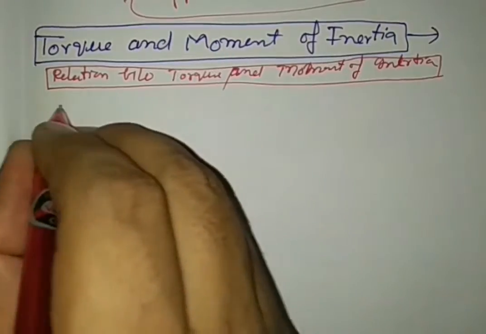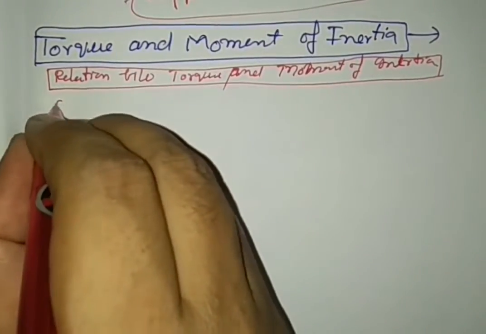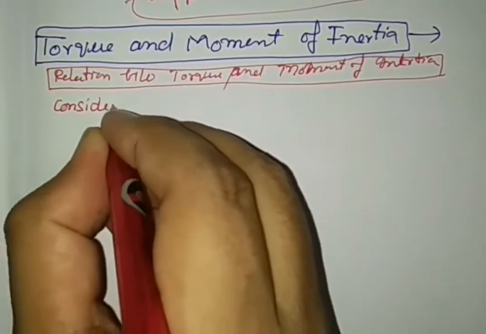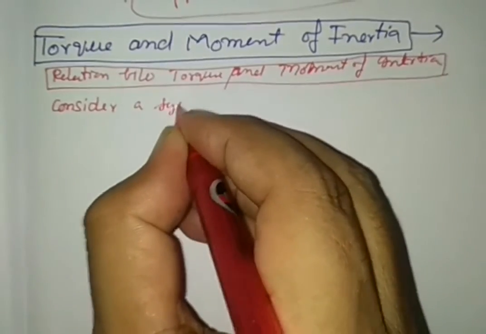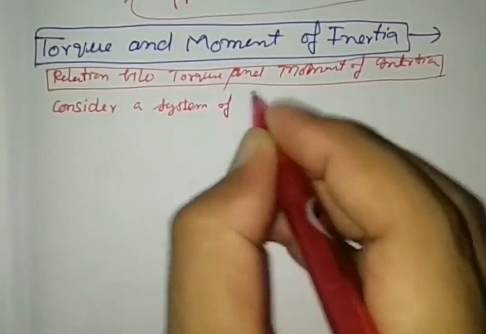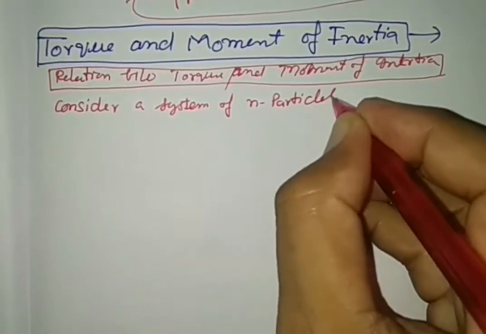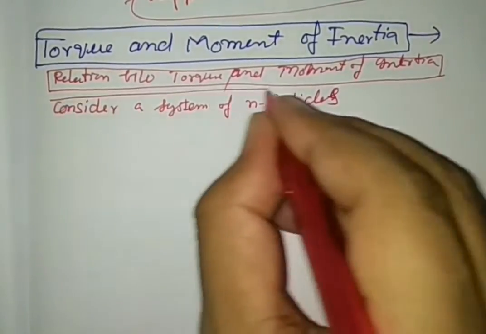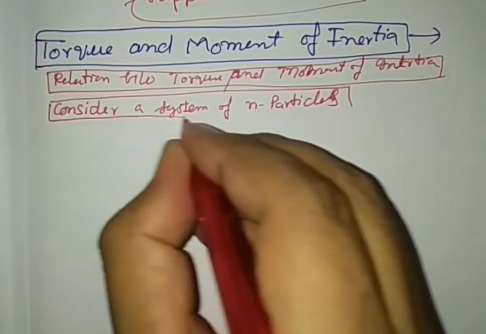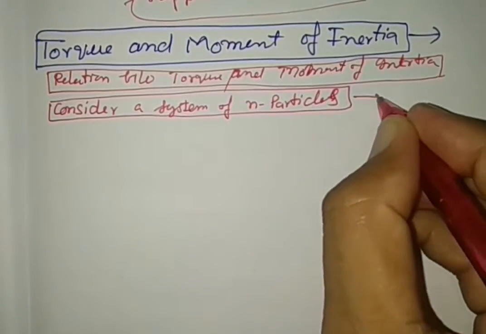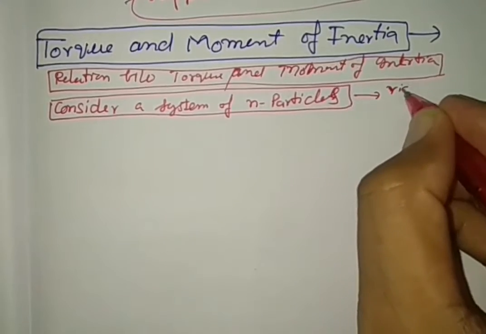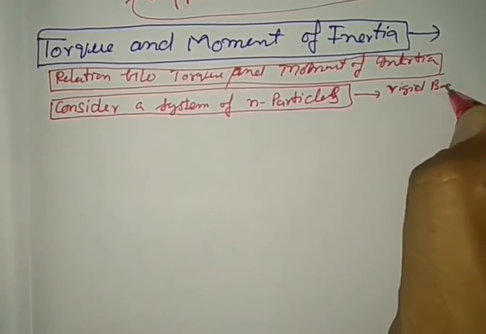So for this, consider a system of n particles, meaning a rigid body made up of n particles.